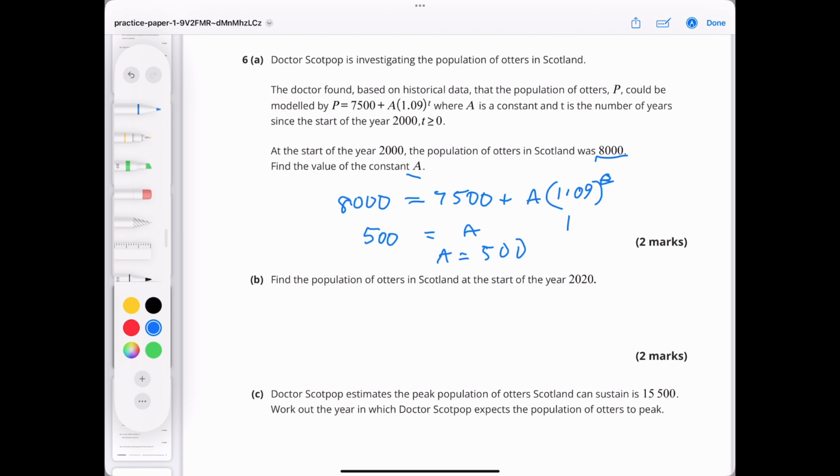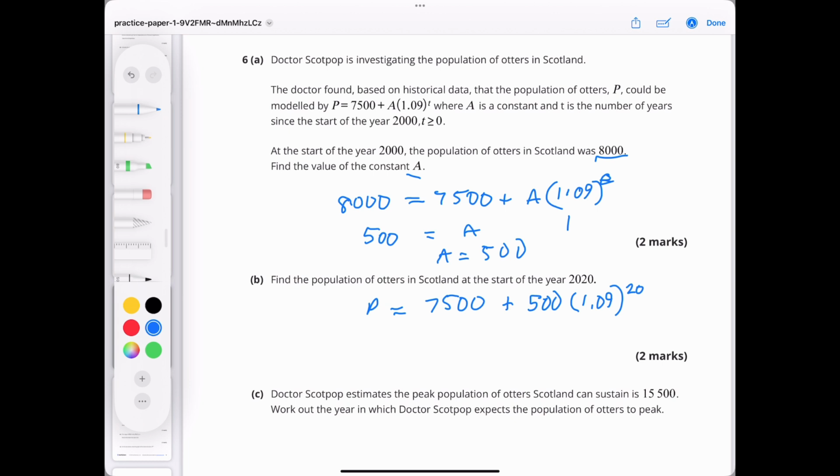Find the population of otters in Scotland at the start of 2020. So P equals 7,500 plus 500 times 1.09 to the power 20, since that's 20 years later.